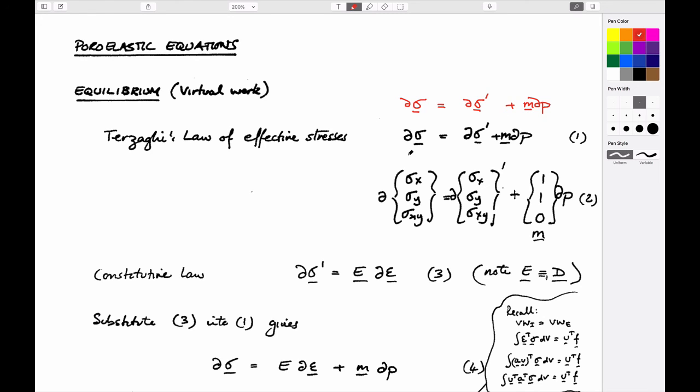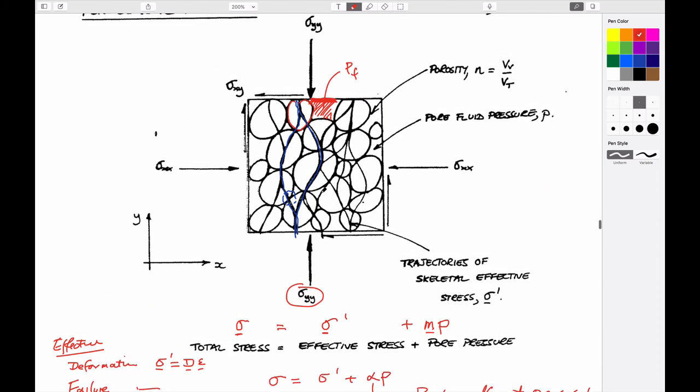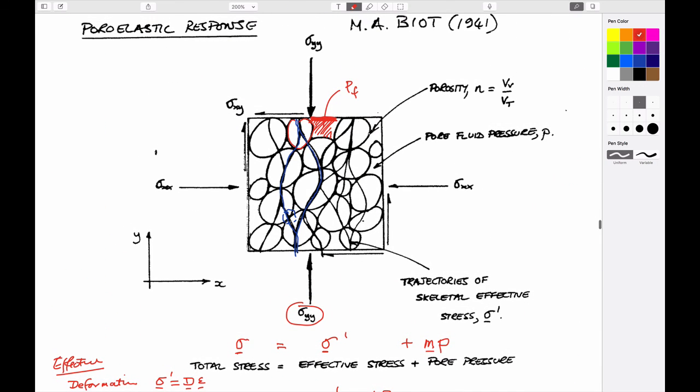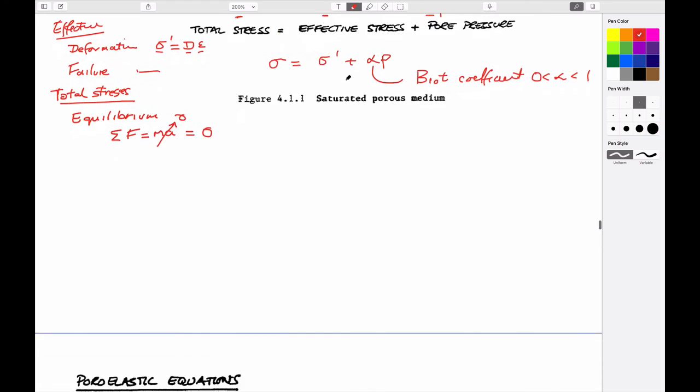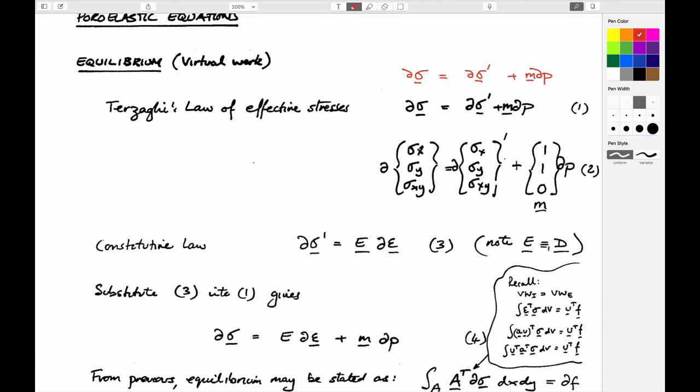And so the relationship for Terzaghi's effective stress for a two-dimensional case, in other words, where we have stresses in the x direction and the y direction, and also a fluid pressure in the system, would be that we'd have these three components. We have stress in the x, stress in the y, and a shear stress.